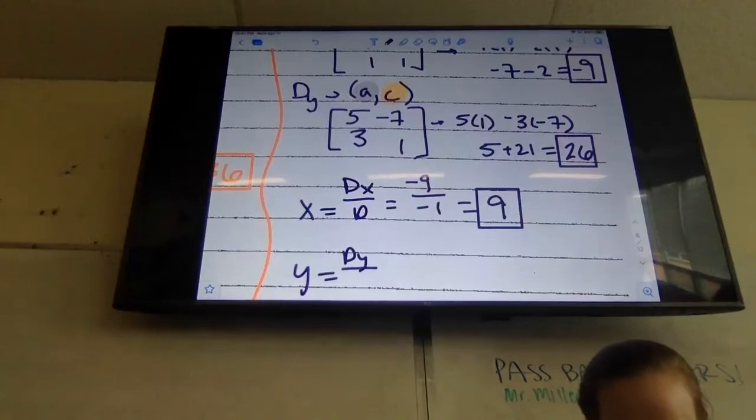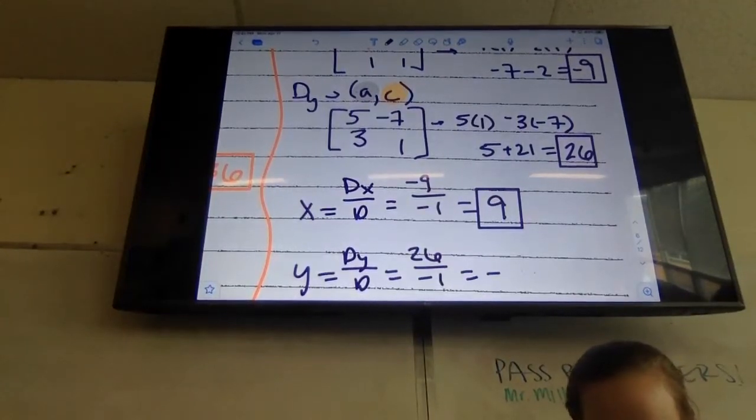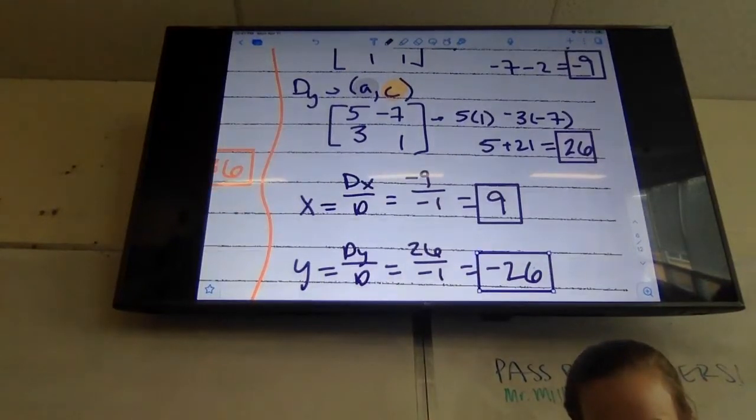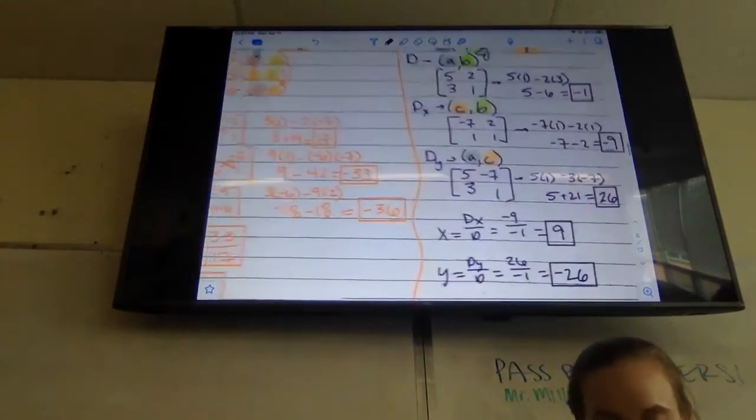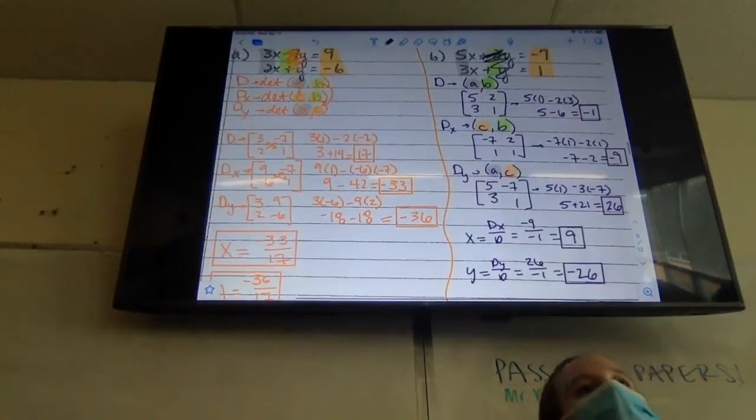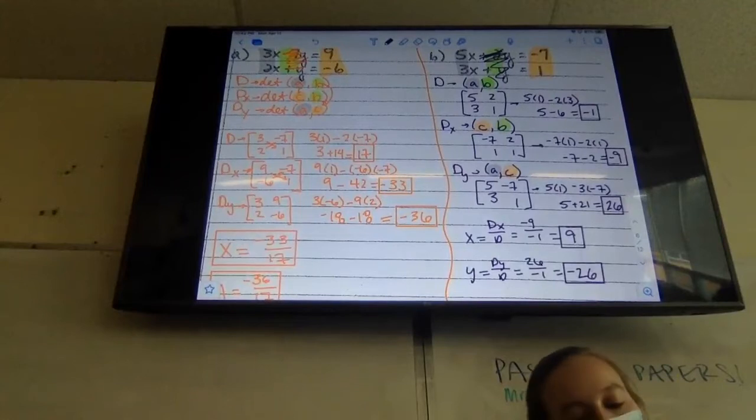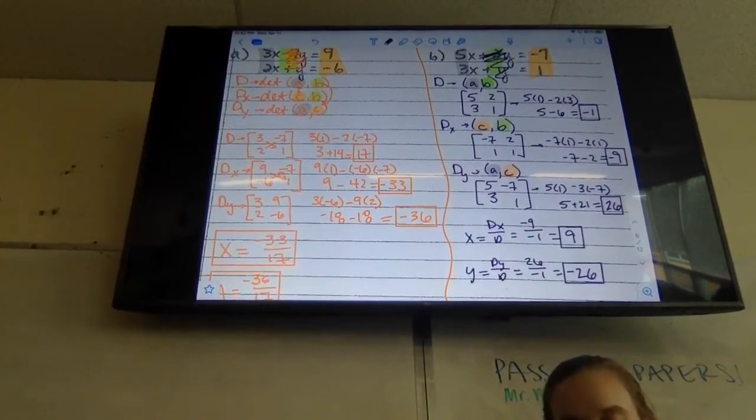And we're going to do dy over d, which is 26 over -1, which is -26. So what this means is whether I were to use substitution or inverse method or RREF or this new Cramer's rule, I would have gotten x equals 9 and y equals -26.